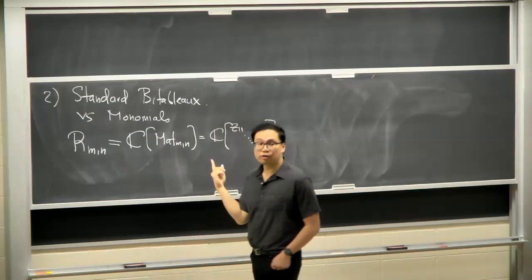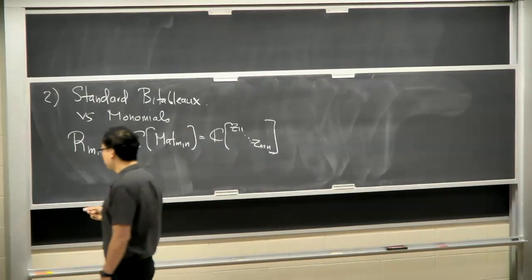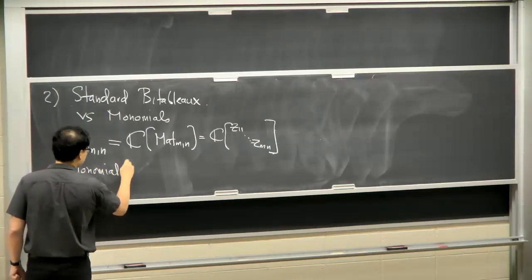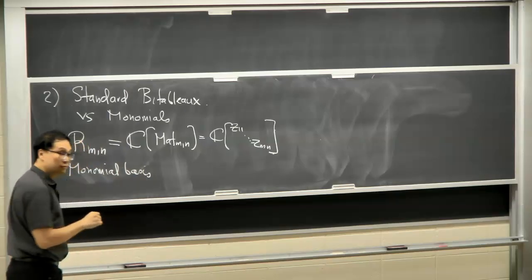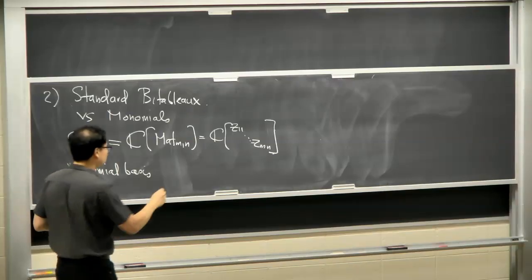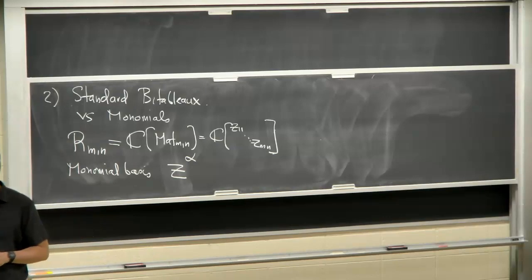It's just a polynomial ring. So let's ask what bases there are. There's the monomial basis: pick your favorite non-negative integer matrix alpha, and then just associate it to the monomial, just as we did over there.